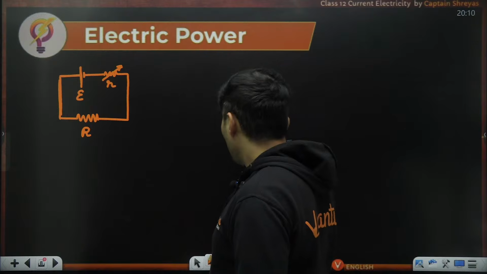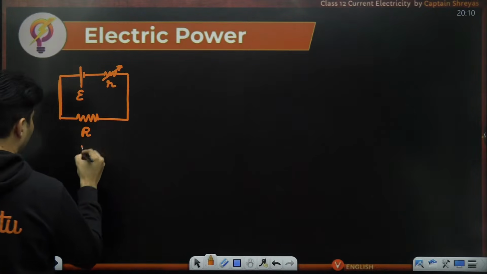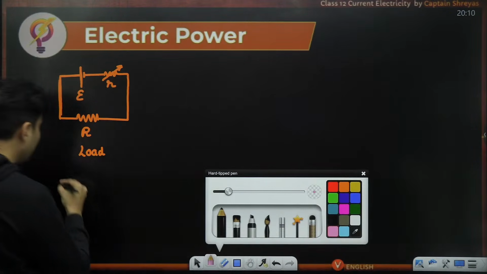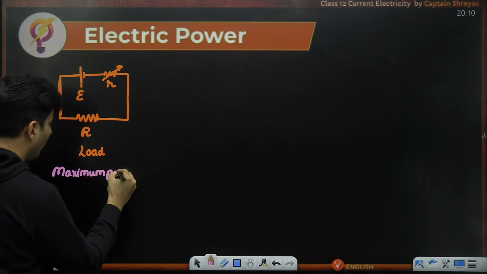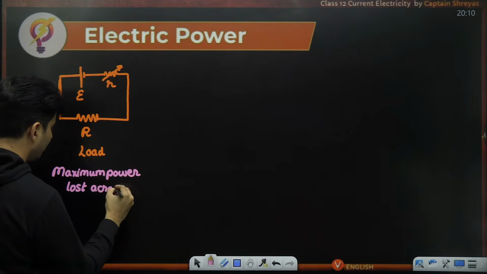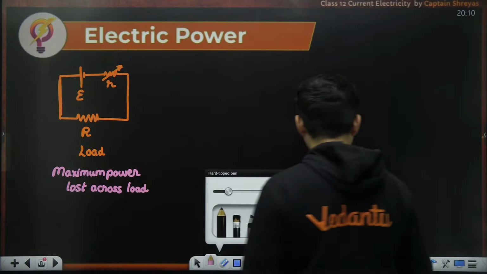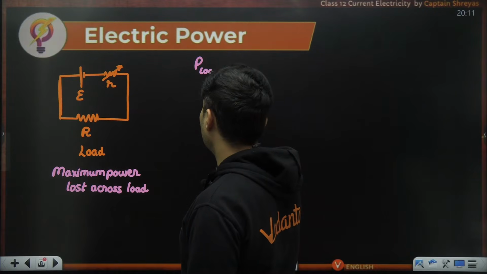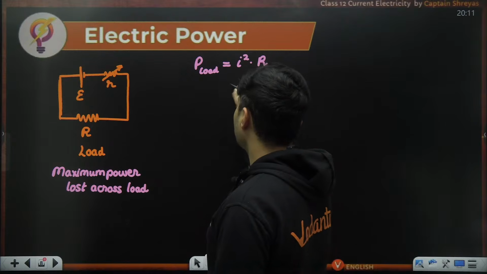So I want maximum power to be lost across the external resistance, which is often called the load. In such a scenario, the power lost across that particular load will be nothing but current square multiplied by the resistance of it.